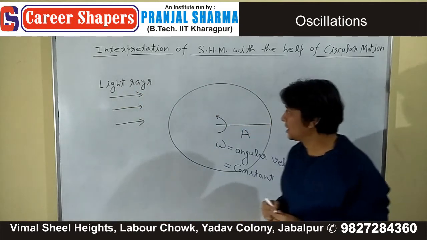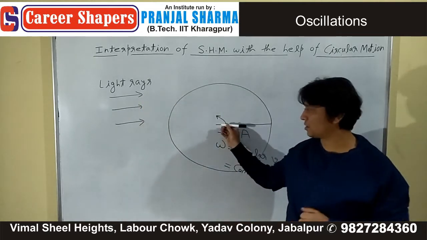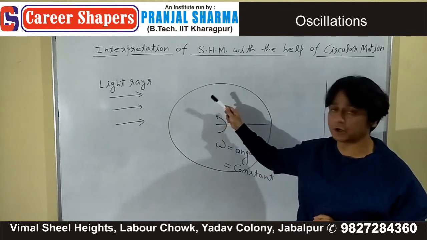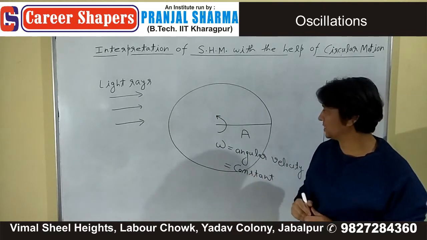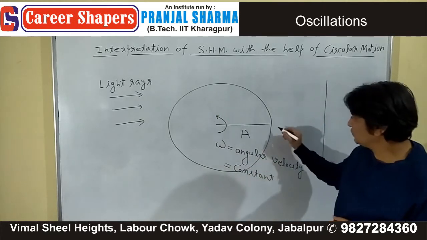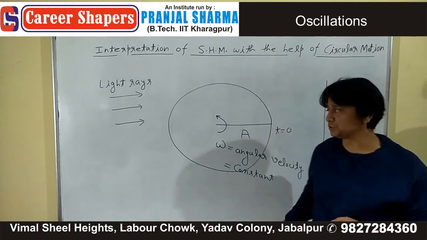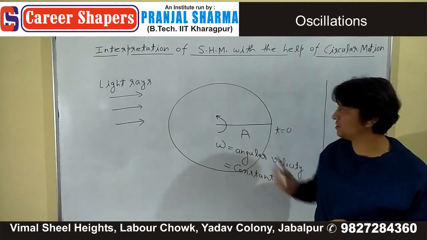Now, light rays are coming from this side. You have your rod over here, and this rod is executing circular motion with constant angular velocity. This is t equals to 0. At t equals to 0, this is the position of the rod.